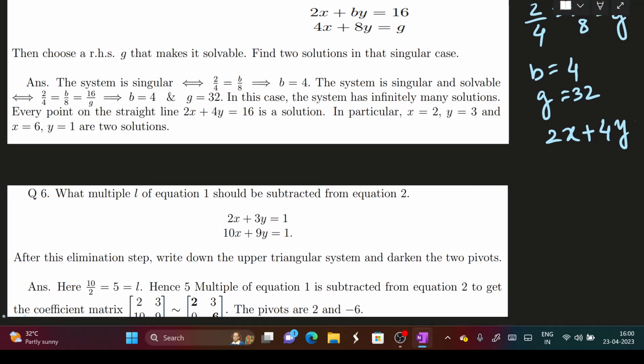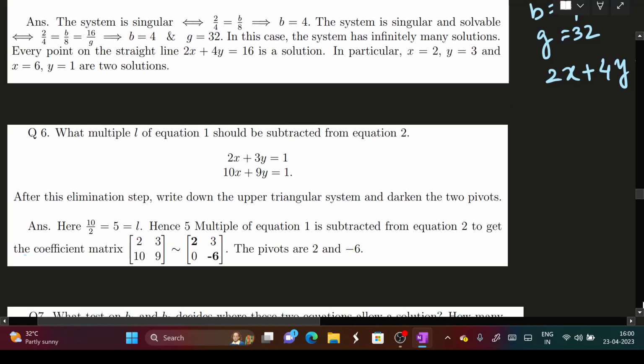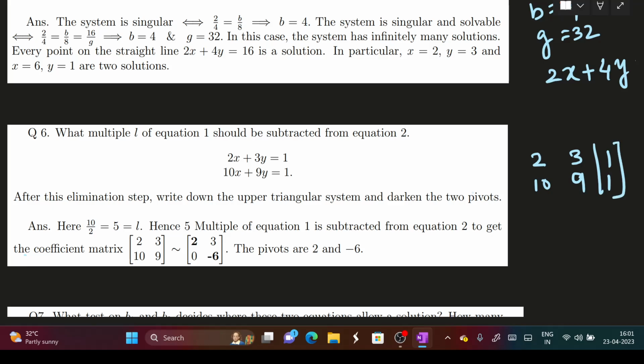Similarly, let us consider another equation. Here also, the question is almost similar. What multiple L of equation 1 should be subtracted from equation 2 so that my x variable will be eliminated from the second equation? It is a very simple and common question: the augmented matrix is 2, 3, 1, 10, 9, 1.